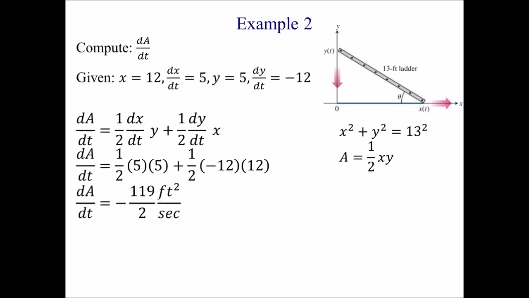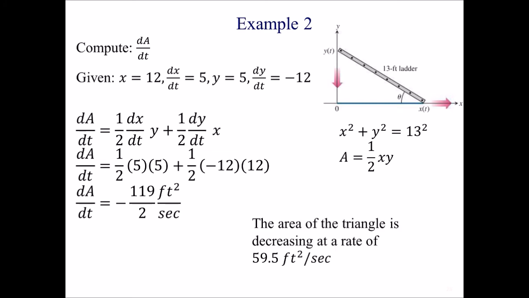So I just plug them in and use my calculator to get a dA/dt of -119/2 square feet per second. So the area of the triangle is decreasing at a rate of 59.5 square feet per second. It's decreasing because the answer turned out to be negative.